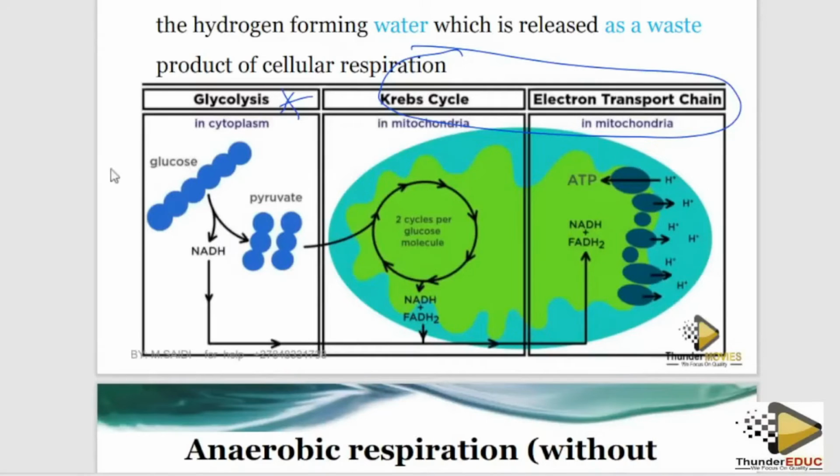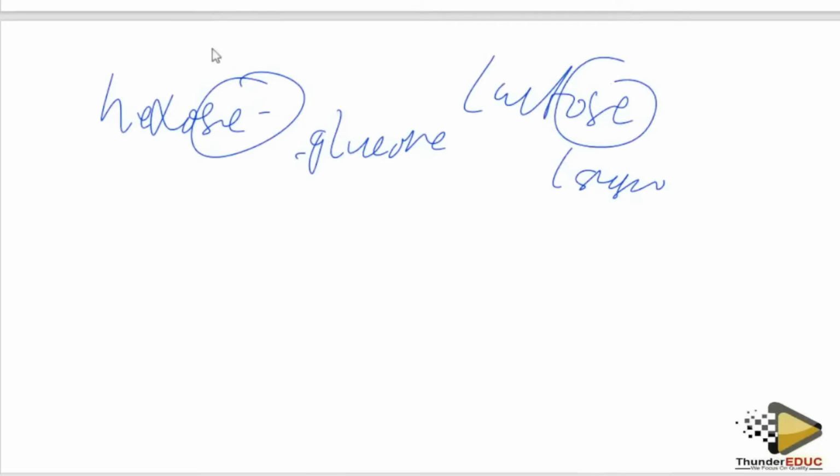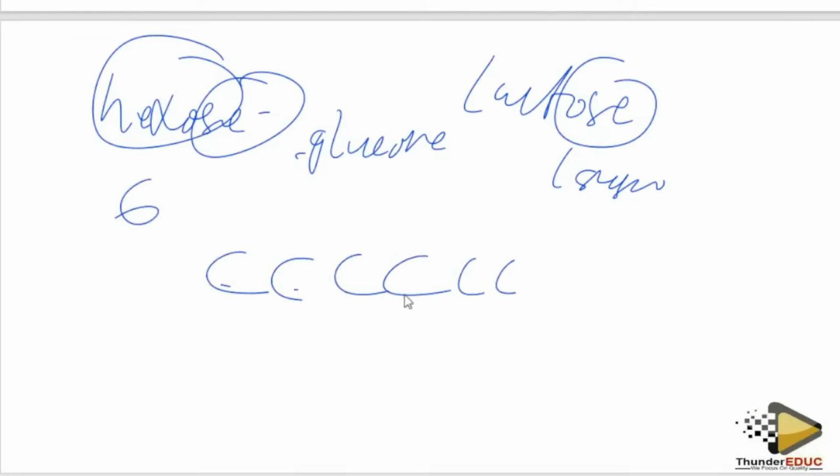Glucose is a hexose. Hex means 6, and ose means sugar, as in glucose and lactose. So it has 6 carbon atoms: 1, 2, 3, 4, 5, 6.